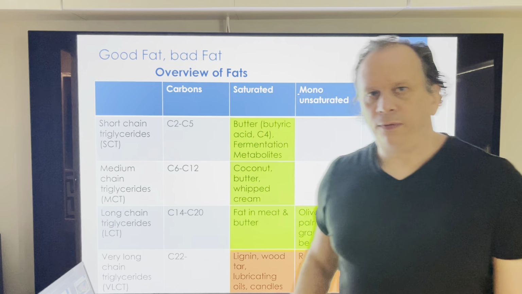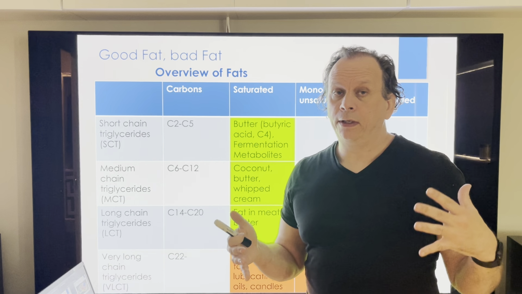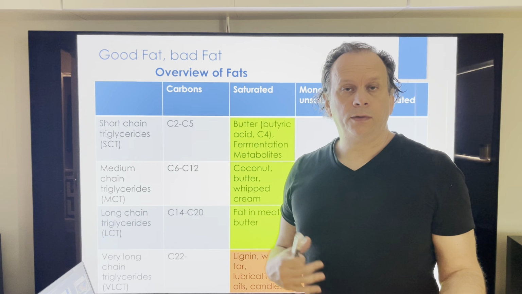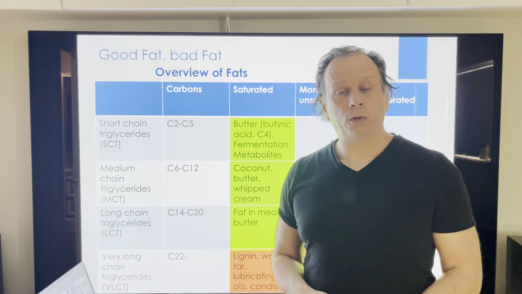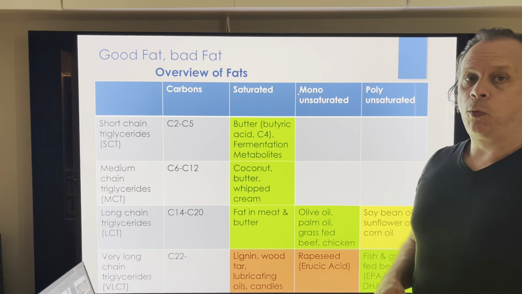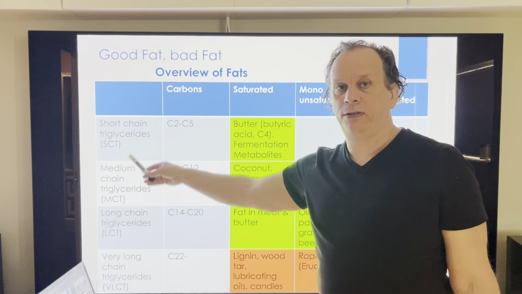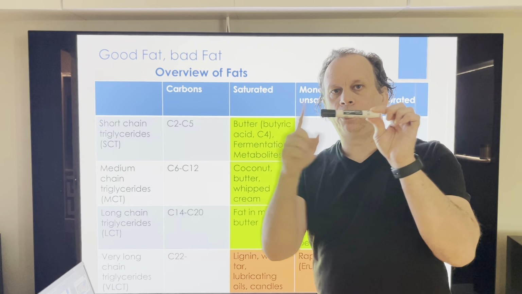So if we look at fat, you might have heard that they can be divided into saturated, unsaturated, short chain, long chain. What are the differences and which fat belongs to what group? So I've done a small matrix here where we have on one axis the length of the fat, and this is how long it is, if it's short or if it's long.